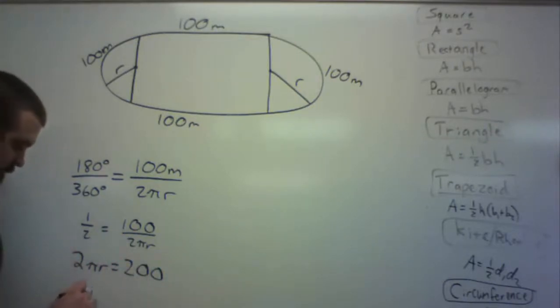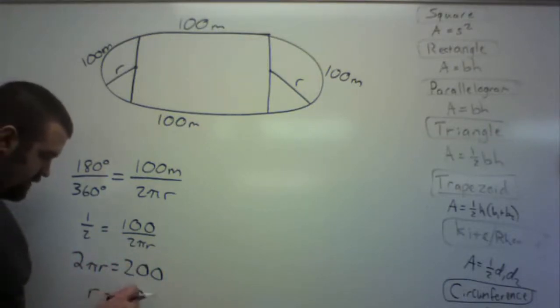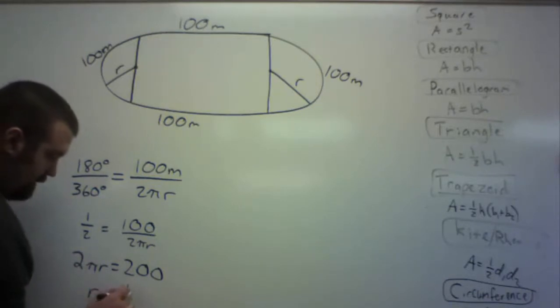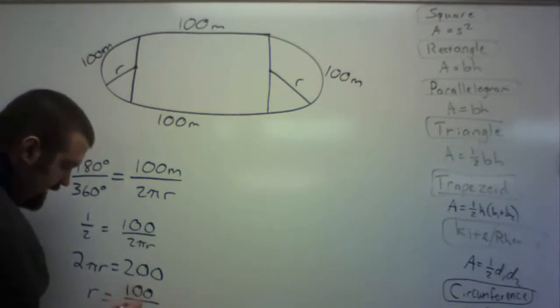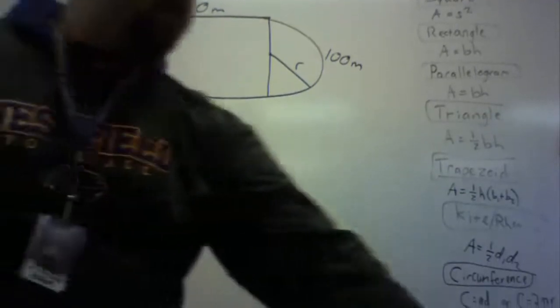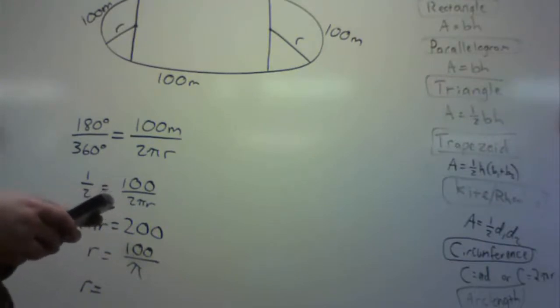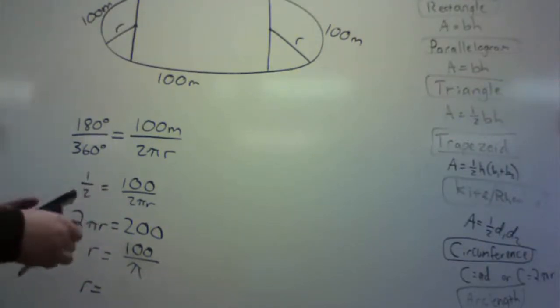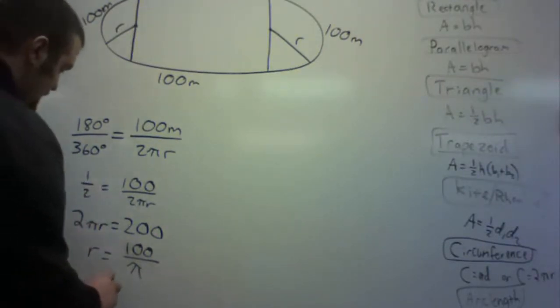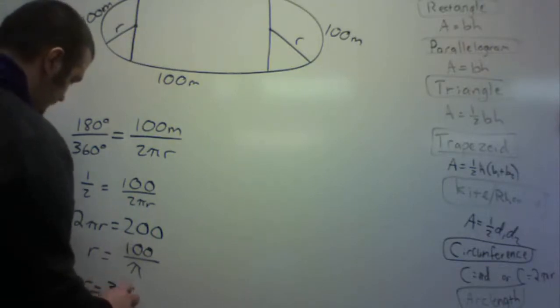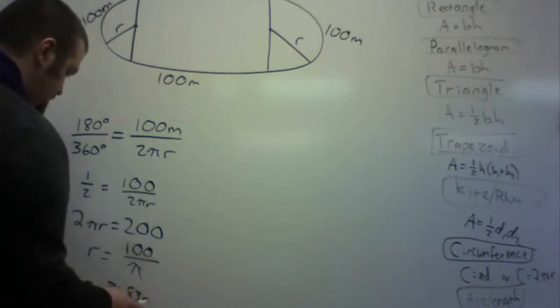Divide both sides by 2 pi. r is equal to 100 divided by pi. And at this point, it's time for a calculator. So the radius of the track, if done correctly, would have to be 31.83 meters.